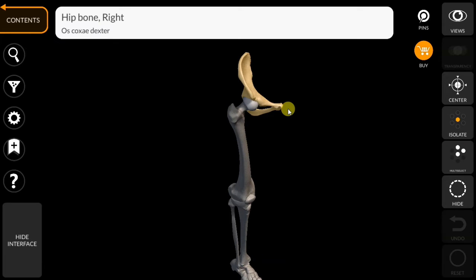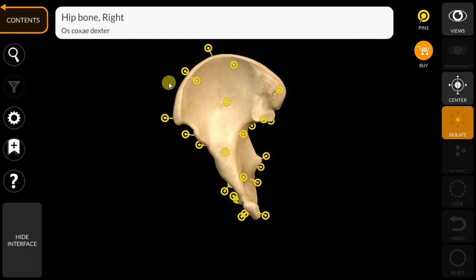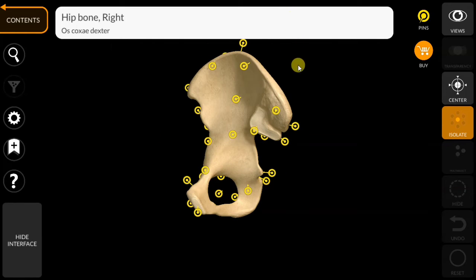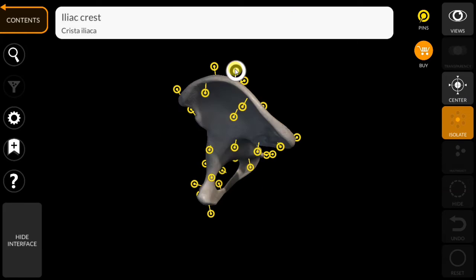So let's get started with the hip bone and its features. First of all, you can see there is a hip bone. On the upper side there is the iliac crest.